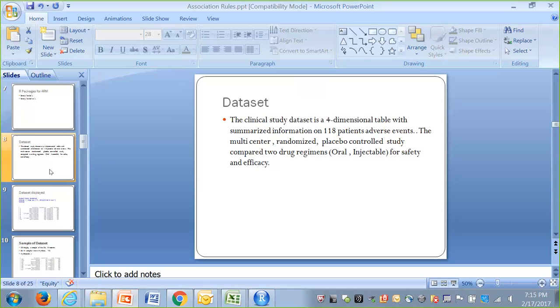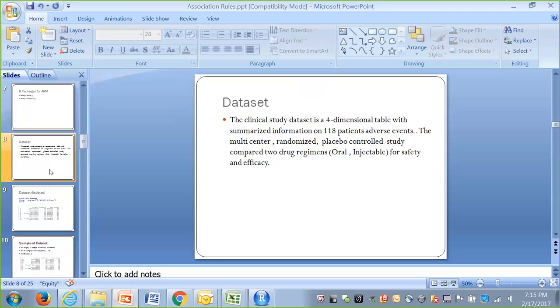What I'm going to do a presentation on is really the clinical study. So this is a study that was done on Crohn's, basically 118 patients. What I've done is summarized the information and looked at these 118 patients, and we looked at the adverse events of these patients.